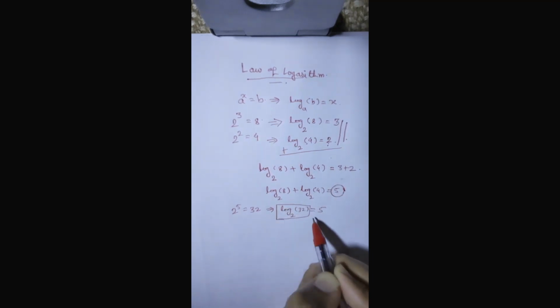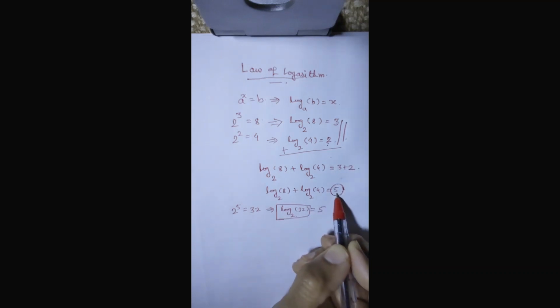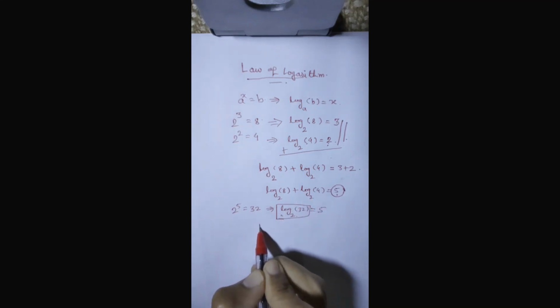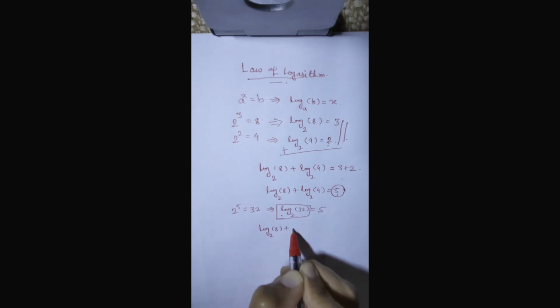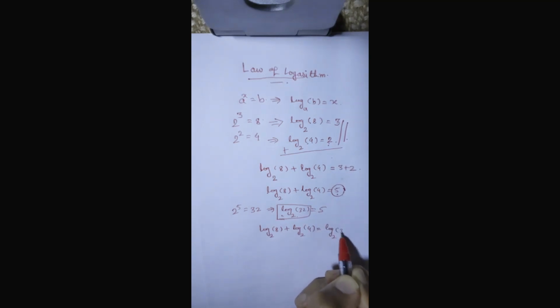Correct? I can do this because the 5 and this value are equal. So what will I get? Log to the base 2 of 8 plus log to the base 2 of 4 is equal to log to the base 2 of 32.